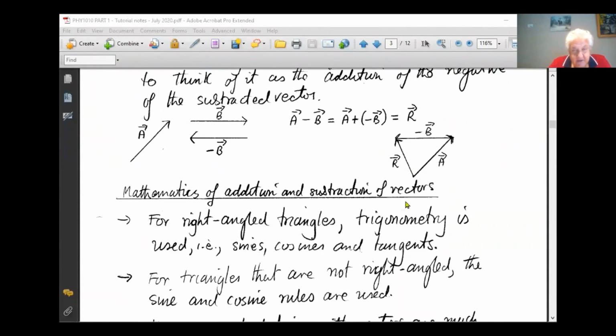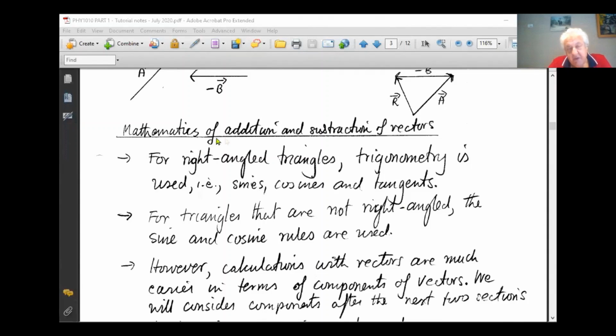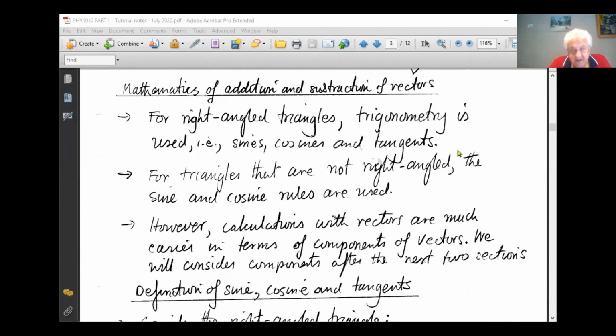Let's go back to my notes. Mathematics of addition and subtraction of vectors. For right-angled triangles, trigonometry is used, i.e. sines, cosines and tangents. I won't do any examples here.